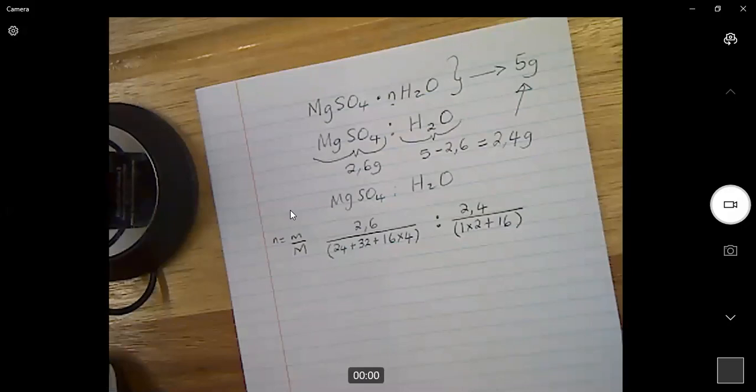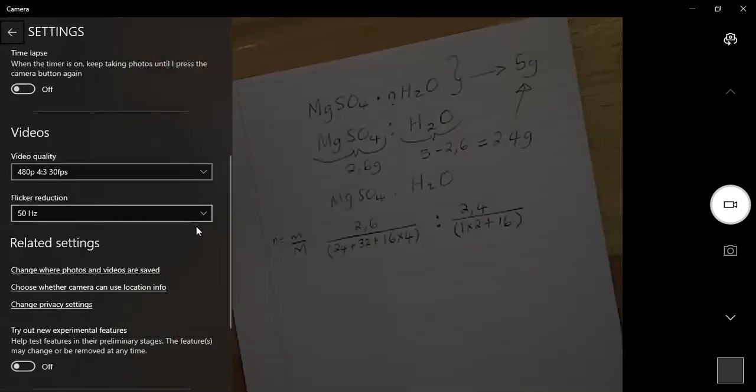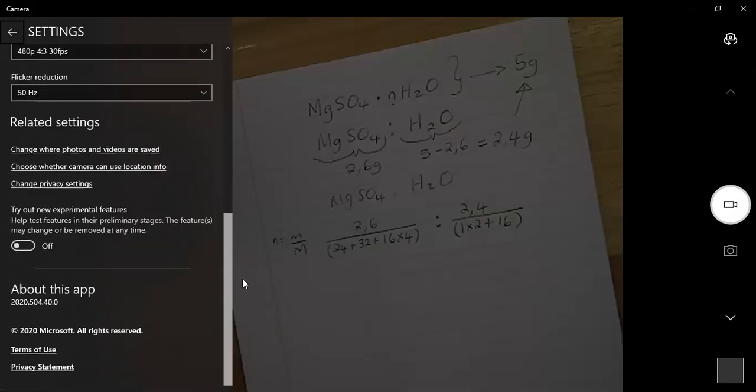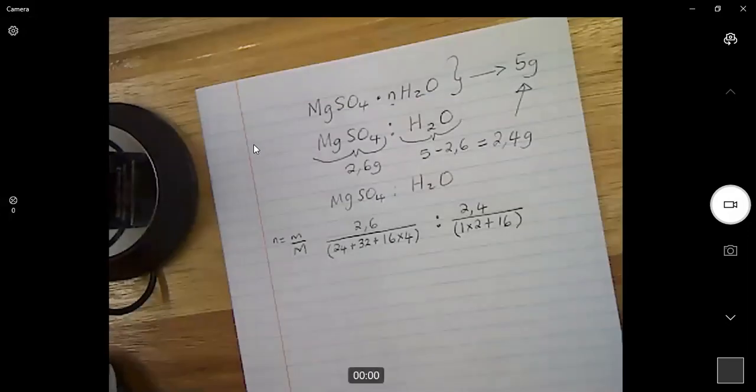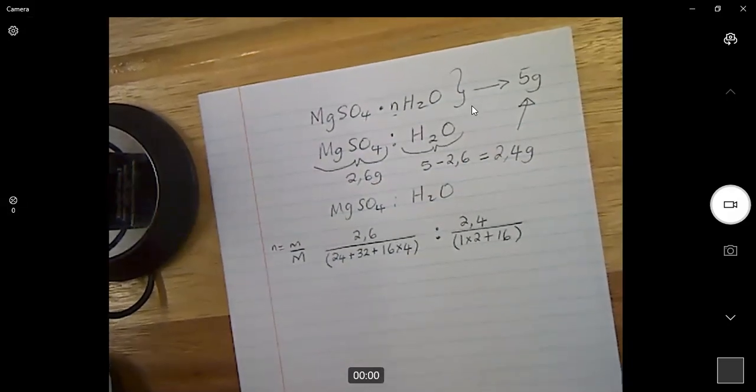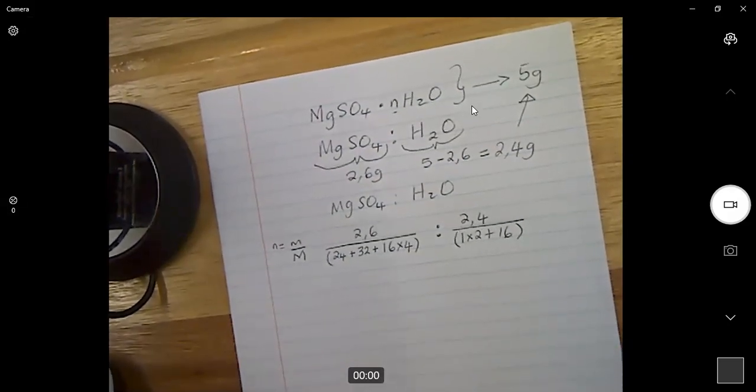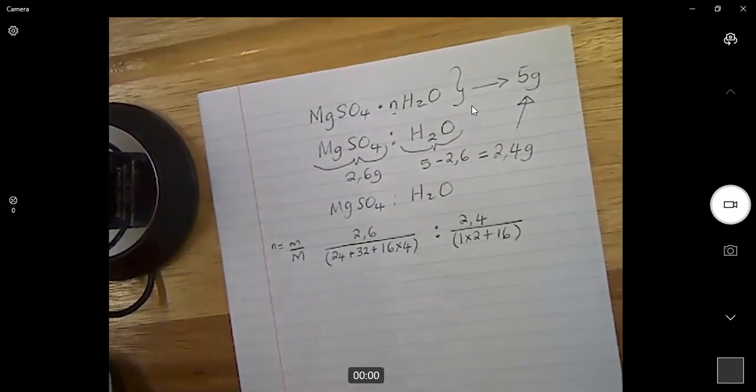What about Pro mode, show advanced controls? I'm not sure why it's not exactly clear. Nothing is happening when I press.